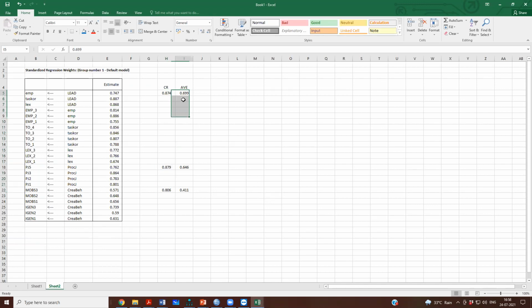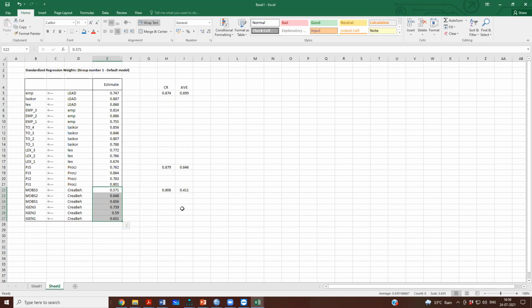AVE for two of these is greater than 0.5, but for creative behavior, it is less than 0.4, which I also told you when I looked at the loadings, that this construct may have loadings that are not very high, because in order to achieve an AVE of greater than 0.5, the loadings should be greater than 0.7. If you have loadings greater than 0.7, only then you will get an AVE of 0.5 or more.